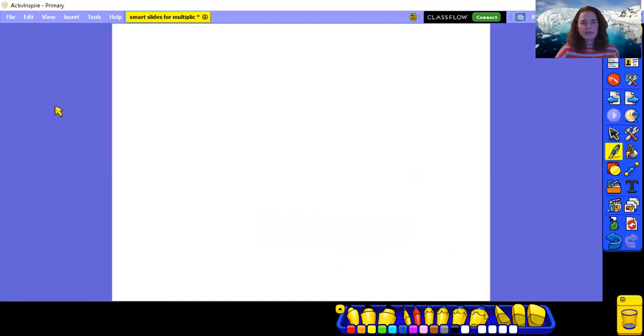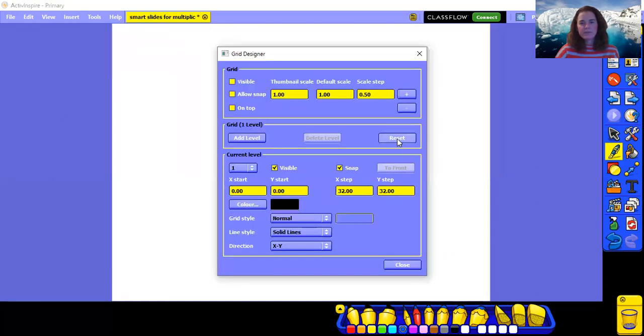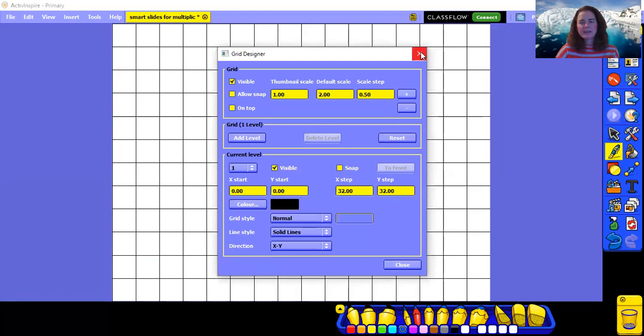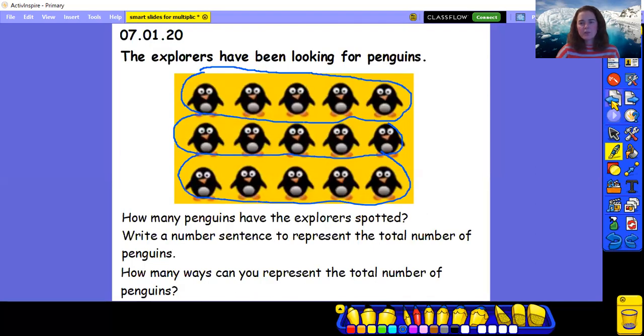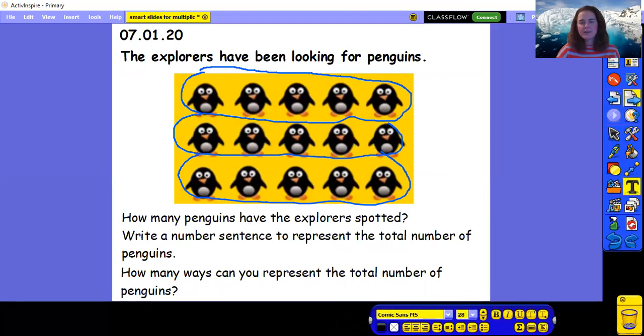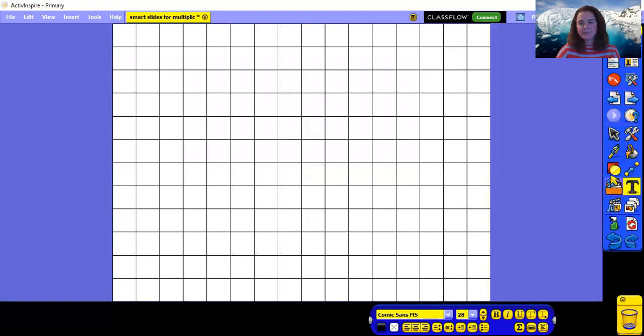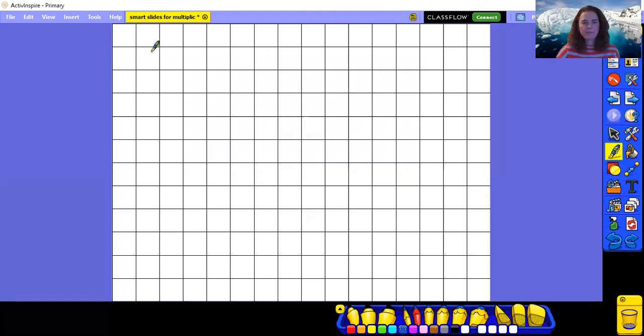Let's just get some squares up. Okay, so remember we had 3 lots of 5. So I could write that as 5 add 5.